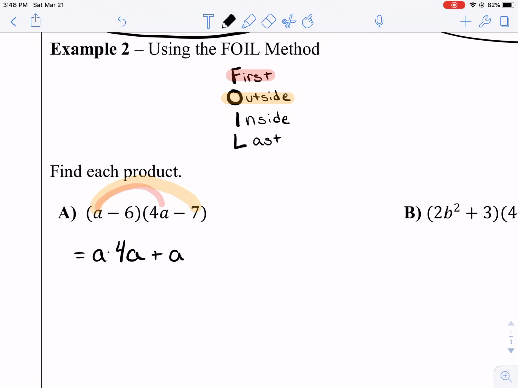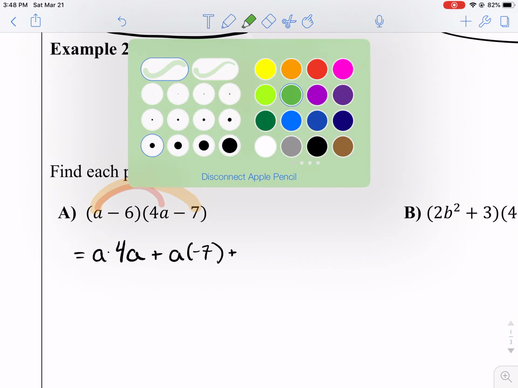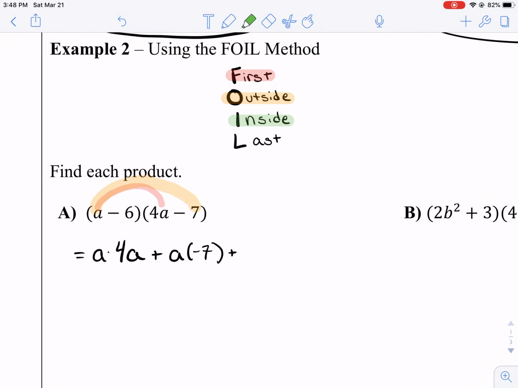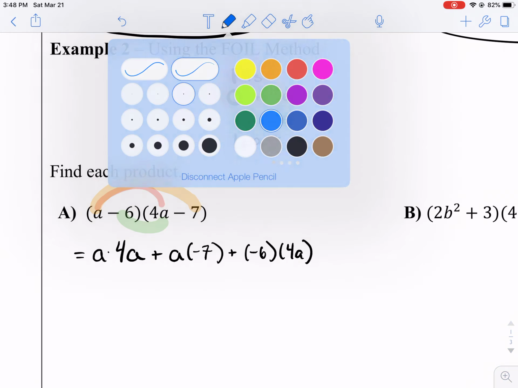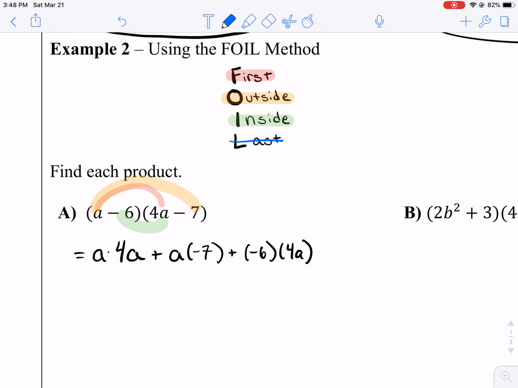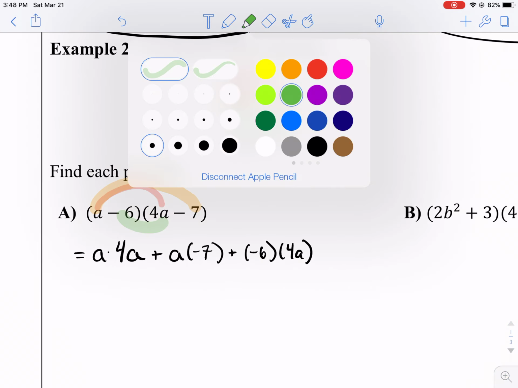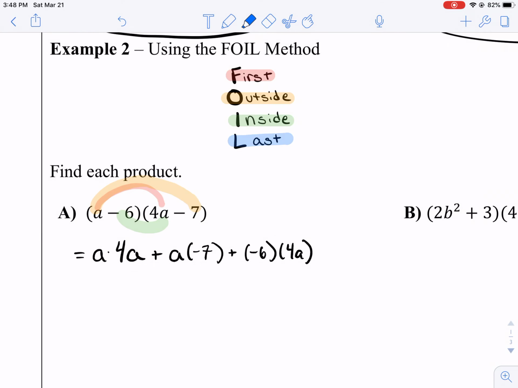So we'll get a times negative 7. And then to that we will add our inside terms, which are negative 6 and 4a. So that's negative 6 times 4a. And then finally we've got our last terms. Our last terms in this case are negative 6 times negative 7.